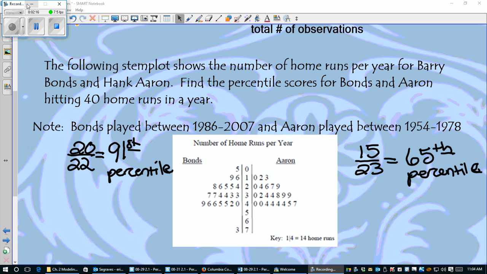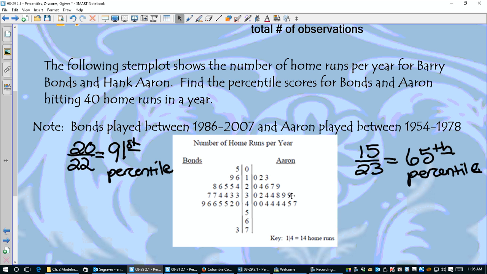As we're comparing these distributions, I want to look at the times that Hank Aaron and Barry Bonds both hit 40 home runs in a year. That happens right around here. In order to find the percentile they were at for their entire career by hitting 40 home runs in that year, we have to count up the number of values that were less than that.